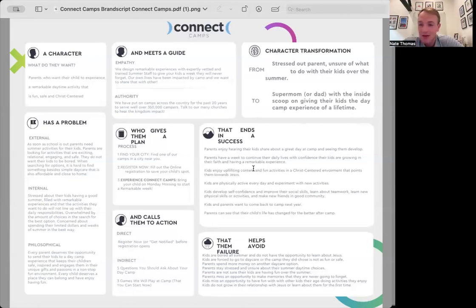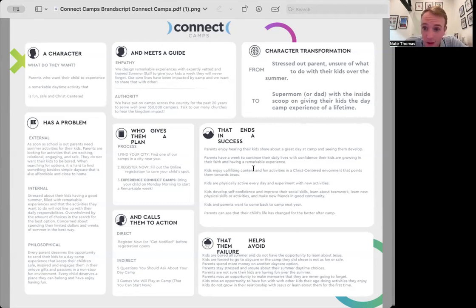We've surveyed moms over the years, and those are things that always come up: safe, fun, relationships, and even the Christ-centered aspect shows up, even with 40% of our campers not being involved in the local church that hosts, which is awesome. So our character is obvious. We know what they want. We know what they're looking for. So those words are going to be key throughout our brand script.